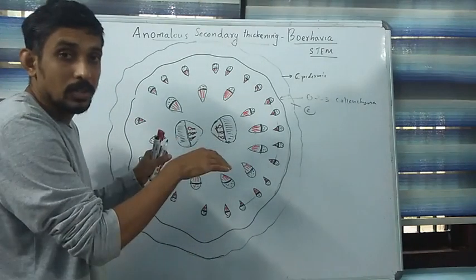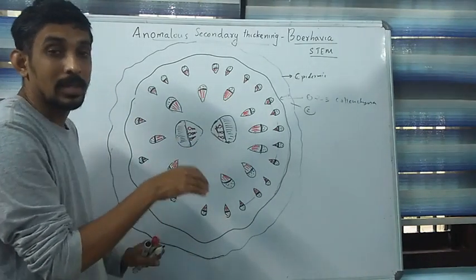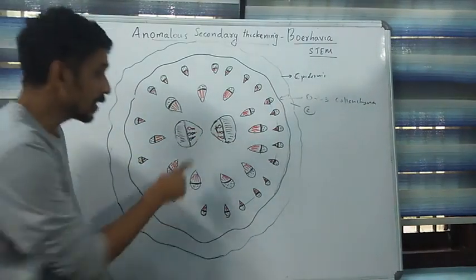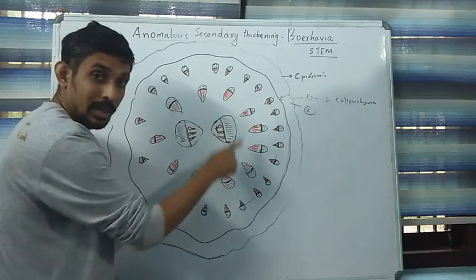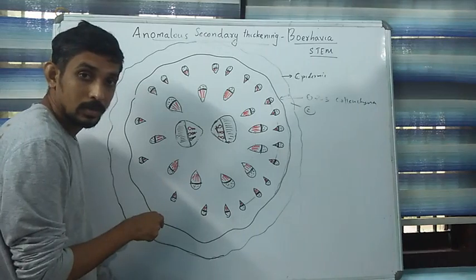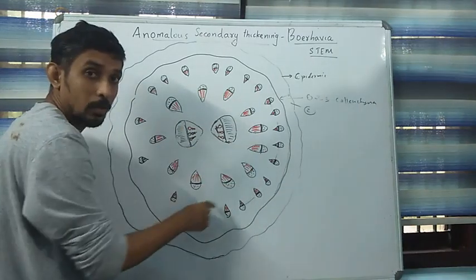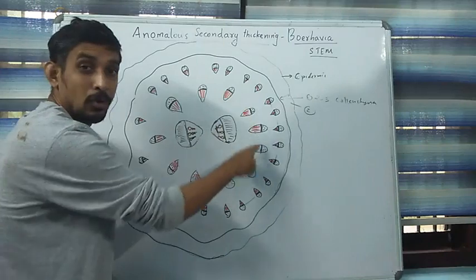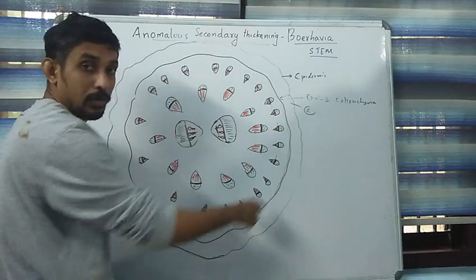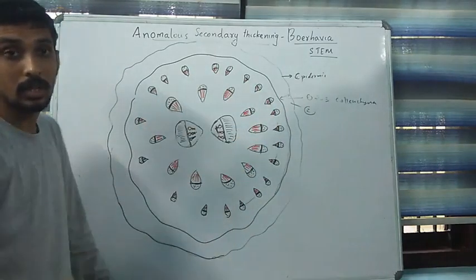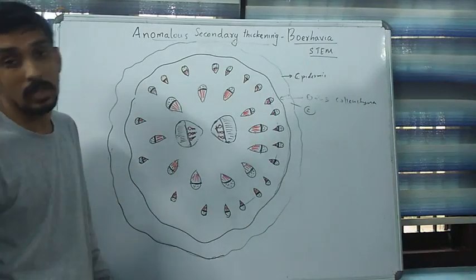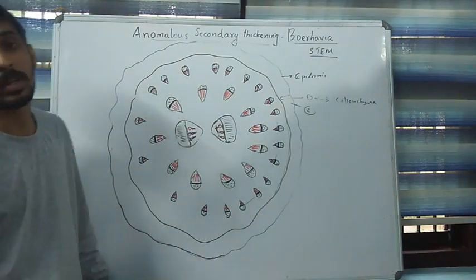So the main feature of this Boerhaavia stem is the presence of 3 rings of vascular bundles. The innermost ring is occupied by 2 large vascular bundles, the middle ring by 6 to 14 vascular bundles, and the outermost, third ring by approximately 14 to 20 vascular bundles.